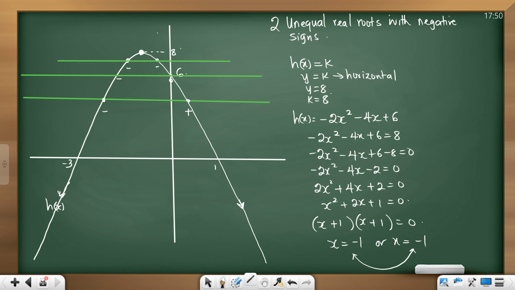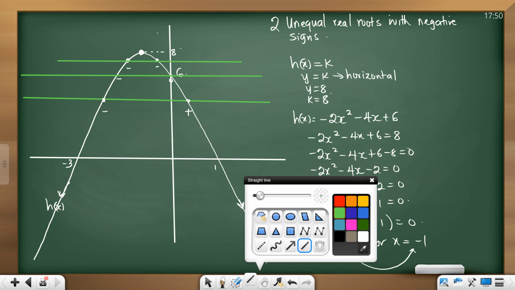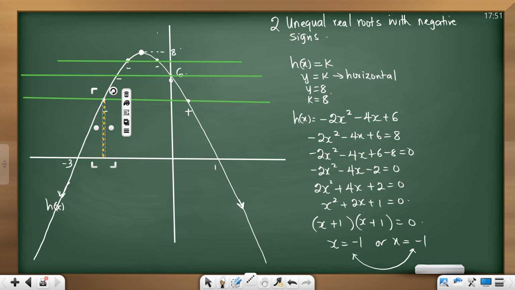Please let me know if what I'm explaining makes sense. Where am I getting my negatives from, guys? Remember, I am using x values. All of this, I'm just following the x values. The x value there is positive, which means if I want two negatives, that will only happen between here and here.